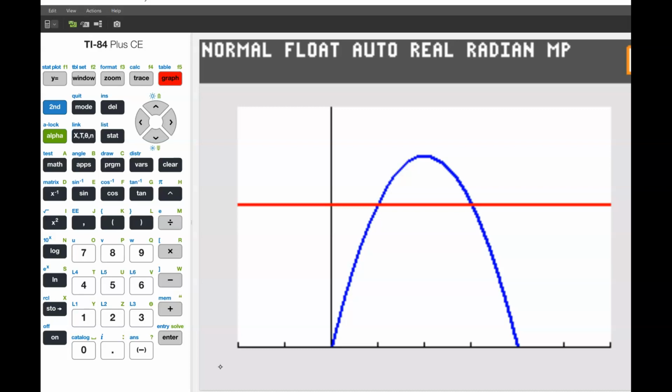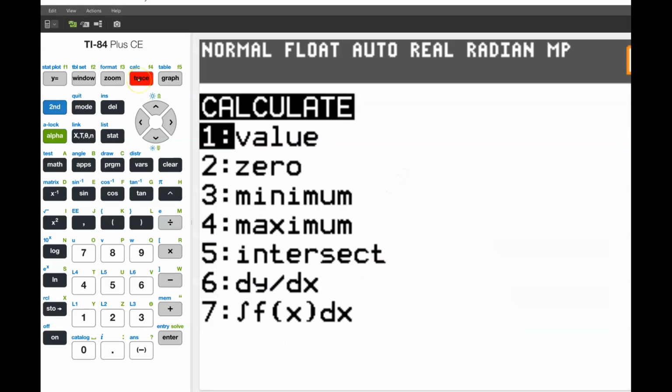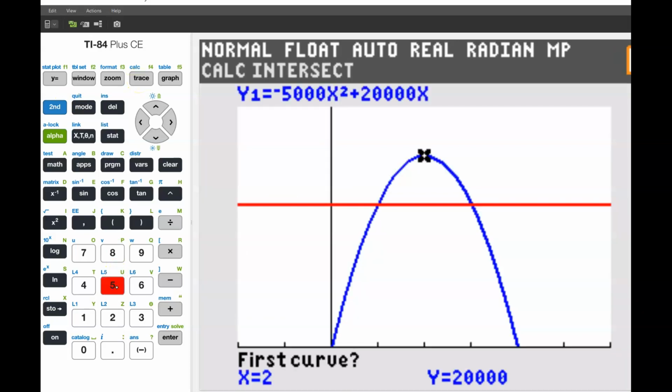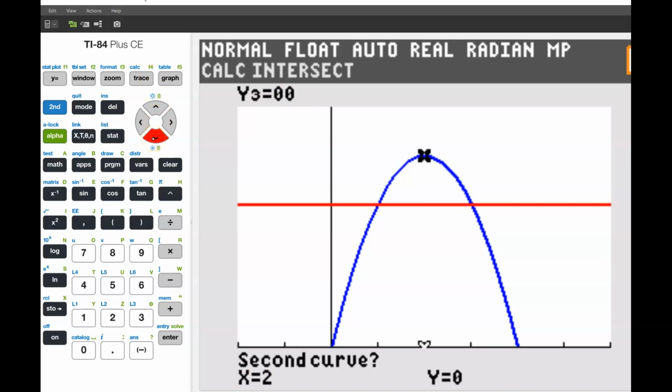So now pay attention to this when we do an intersection. Second trace, number 5, because now I don't have 2 equations in there. I have 3. So first curve, yes, that's definitely one I want to find the intersection of. But 15,000 isn't the other one that I want to find the intersection of. So you can use your up and down arrows to toggle between the equations.